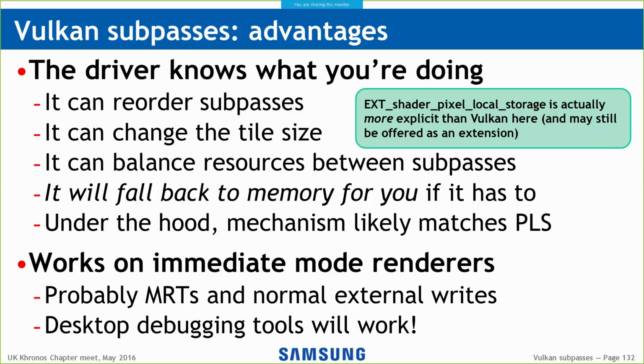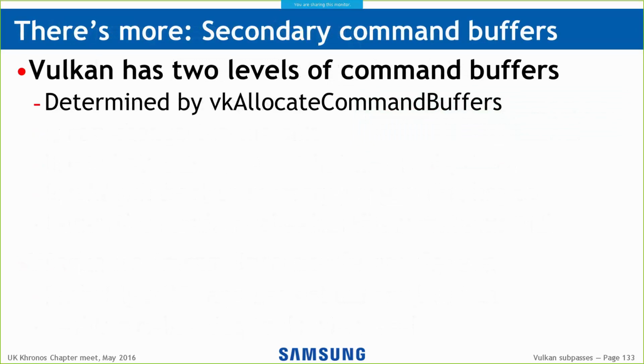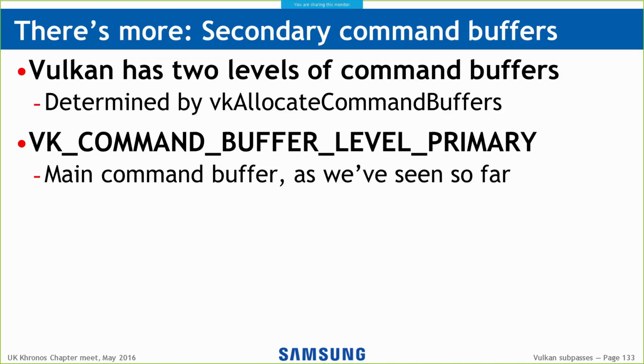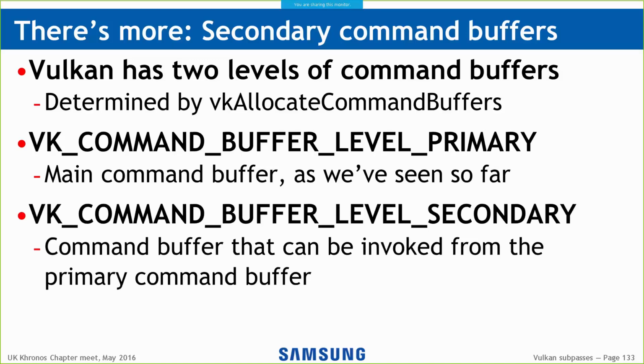So we've had a brief talk about secondary command buffers, well, a more detailed talk about them from my talk. I'm briefly going to talk about them here and how they work with subpasses. There are two kinds of command buffers when you create them. The primary command buffers are the ones I've been showing so far. You can have a secondary command buffer as well, and that contains things that are going to be invoked by the primary command buffer.